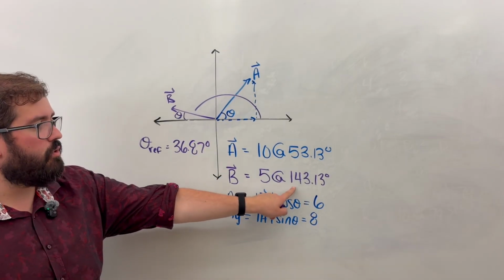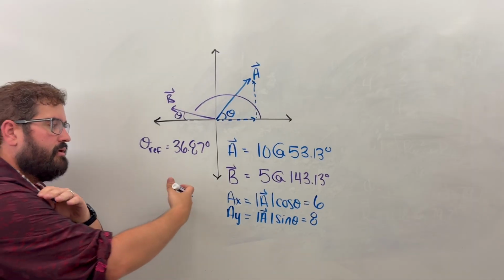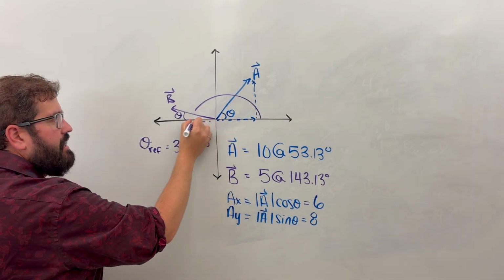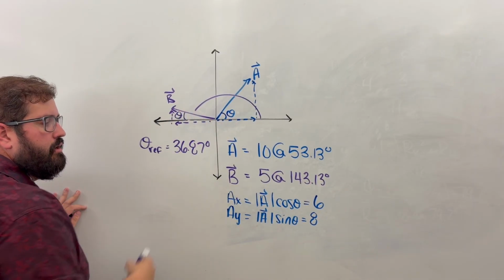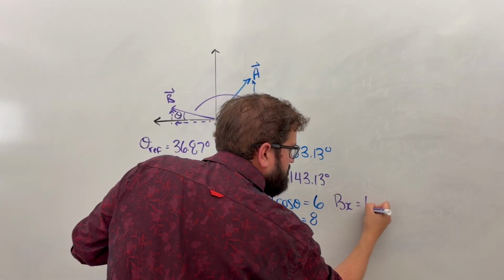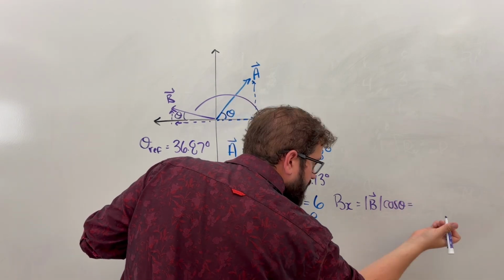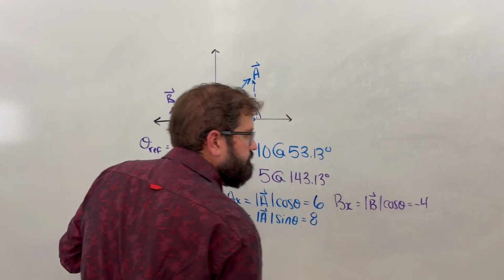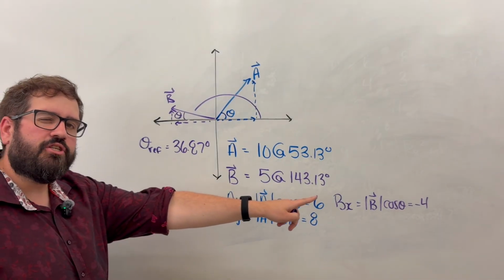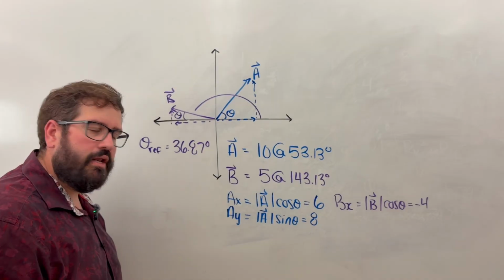So I won't be using the 143.13, I'll be using this reference angle. All right, same step. Here's my x, here's my y. Let's figure out the x and y components. Bx, magnitude of B, cosine of my reference angle, to equal -4. Now, the function didn't tell me -4. It only told me 4. I had to manually go in and put the negative.